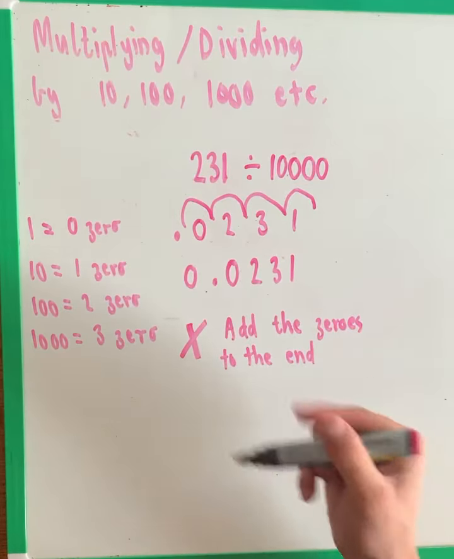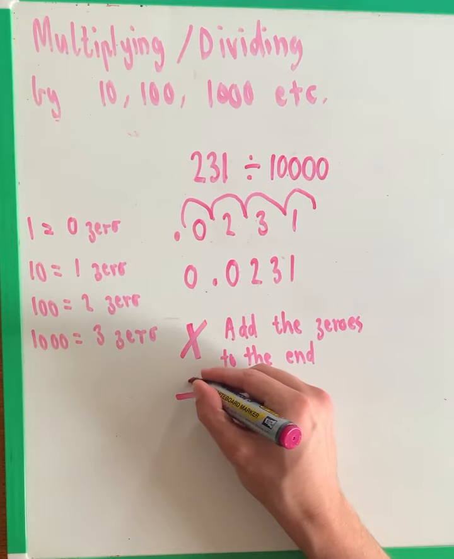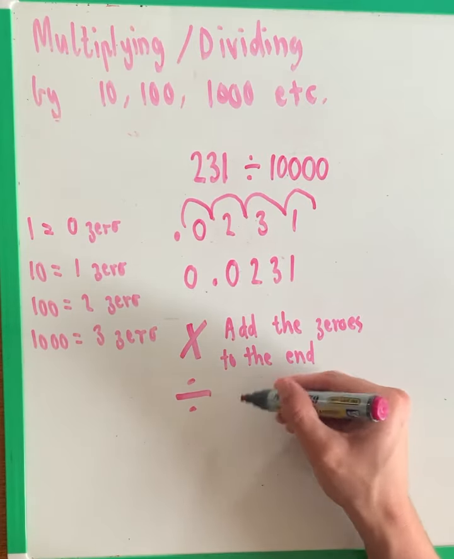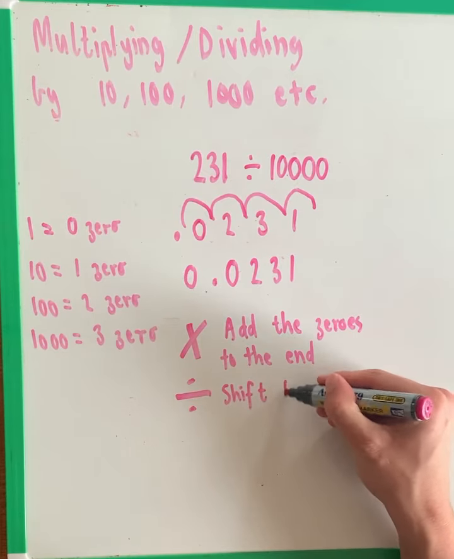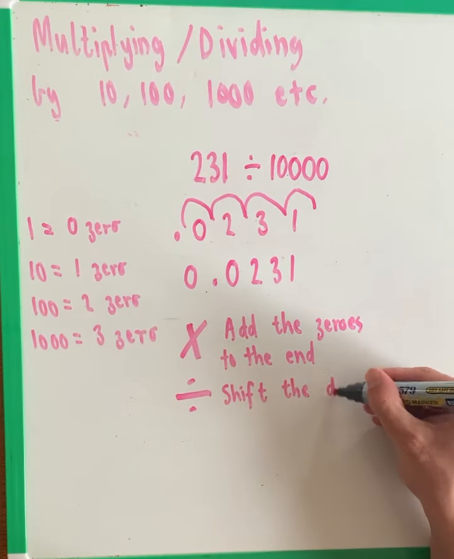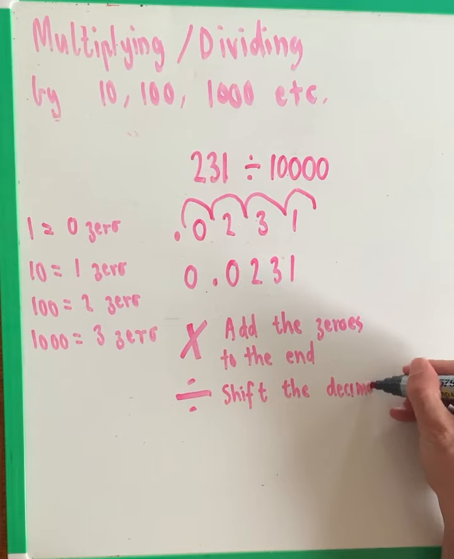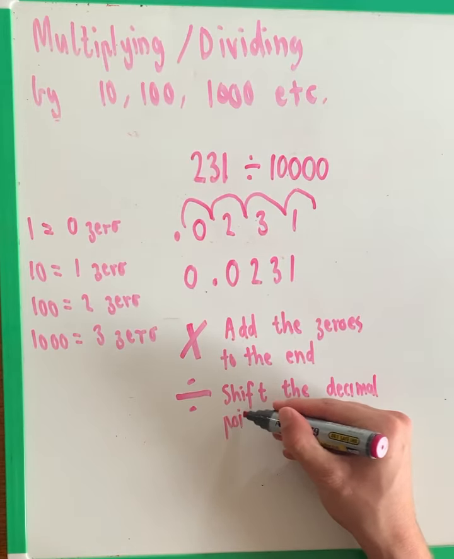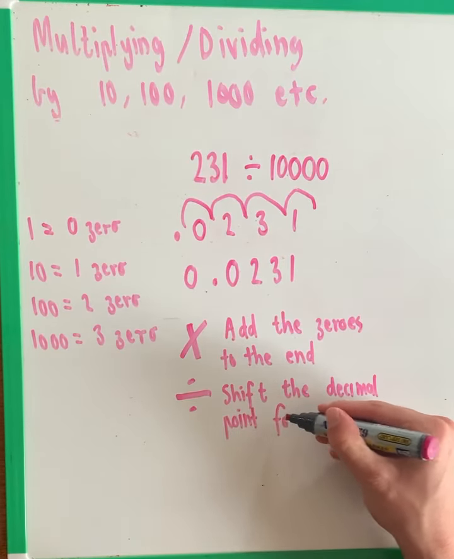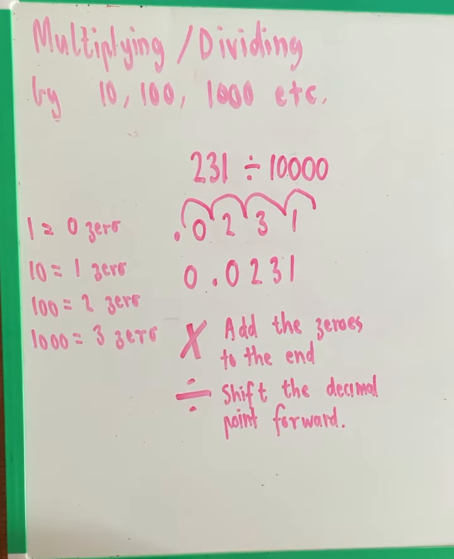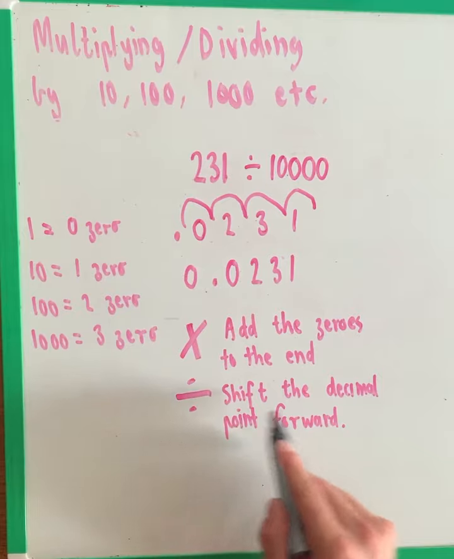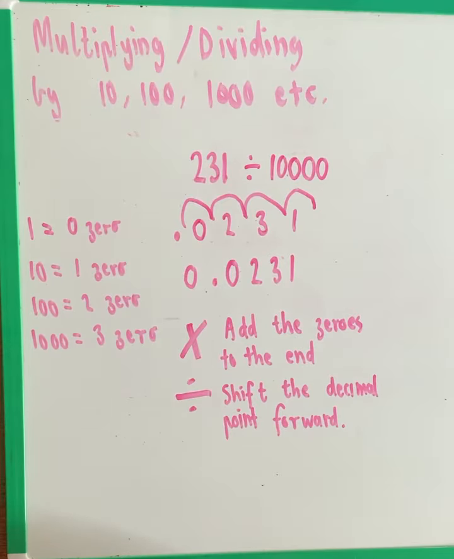When I'm dividing, I shift the decimal point forward, depending on how many zeros there are. So that's an important thing to remember as well.